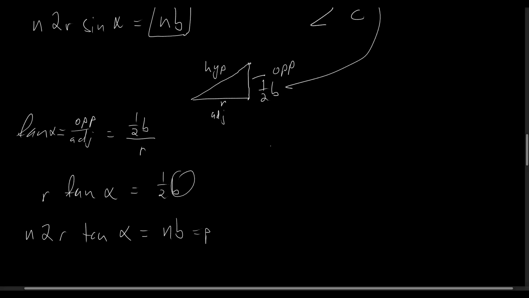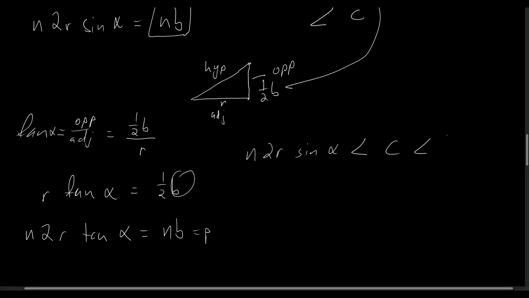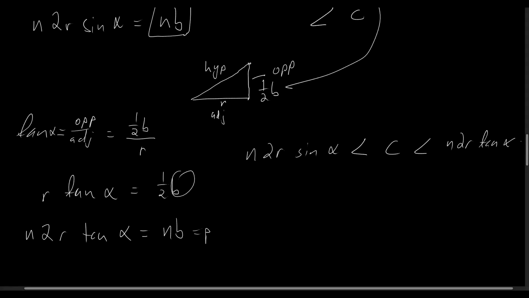So all in all, for the lower bound, we get n 2r sine alpha less than the circumference. And here for the upper bound, we get n 2r tan alpha.